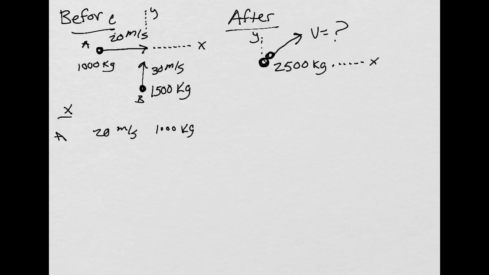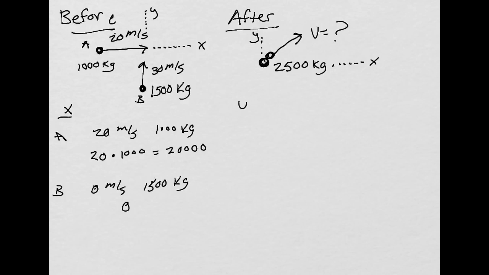So its momentum in the x direction is 20 times 1,000, or 20,000. Car B is moving in the x direction 0 meters per second, 1,500 kilograms. So its momentum before in the x direction is 0 because it's only going north.